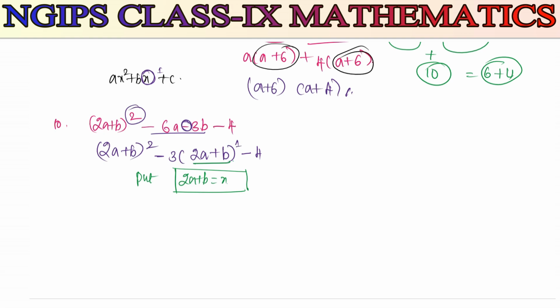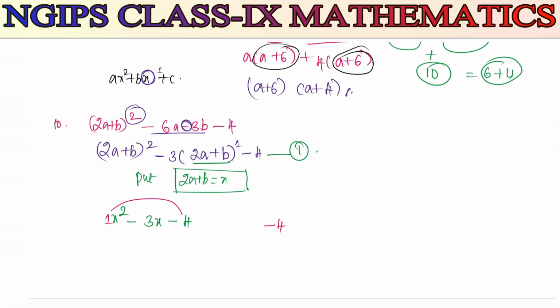Now I am going to substitute in this expression. Instead of 2a plus b, I can take x square minus 3 into (2a plus b), which I consider as minus 3x minus 4. Now when you multiply the coefficient of x square, which is 1, with the constant term, you get 1 into minus 4, it is minus 4.